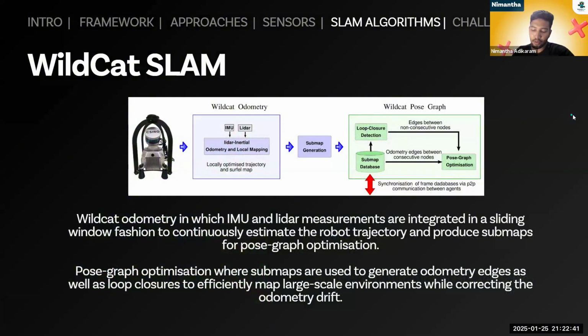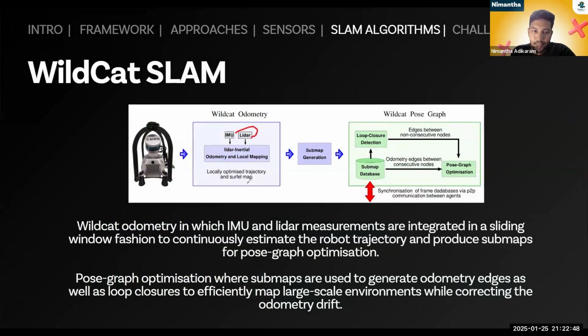What's the overview of that? Wildcat SLAM uses IMU and LiDAR data, with LiDAR-inertial odometry and local mapping.